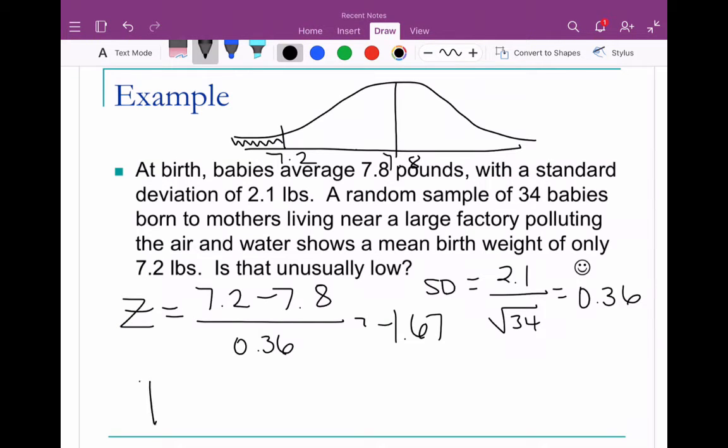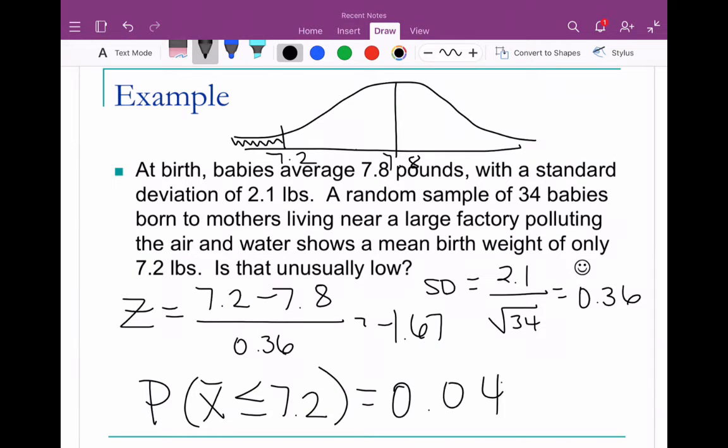When we calculate the probability that the average weight is less than or equal to 7.2, we get a probability of 0.047, which is 4.7%. So 4.7% of babies are still born below 7.2 pounds, so it doesn't seem like it's too unusually low.